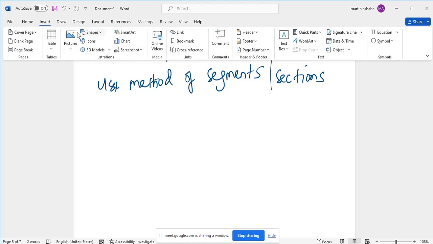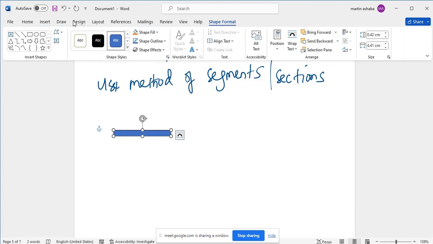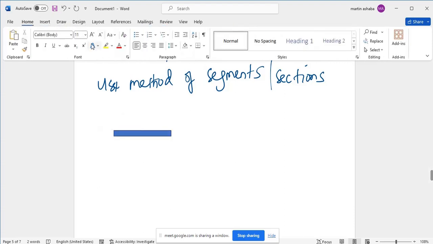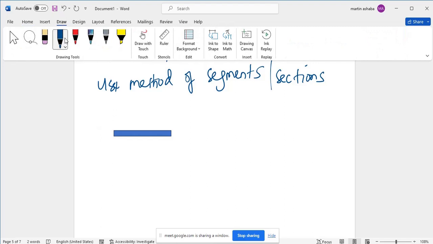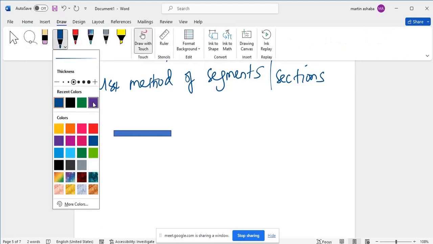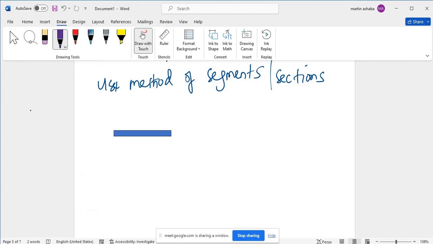Let me draw it here. After drawing it, I can pick my pen.